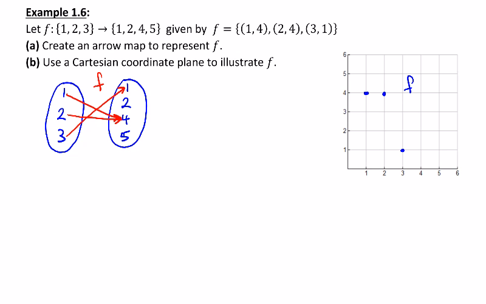So as I switch to example 1.6, we can see here that 1, 2, and 3 from that first set are used only once. But what I just outlined here was that 1 and 2 both map to the exact same element.